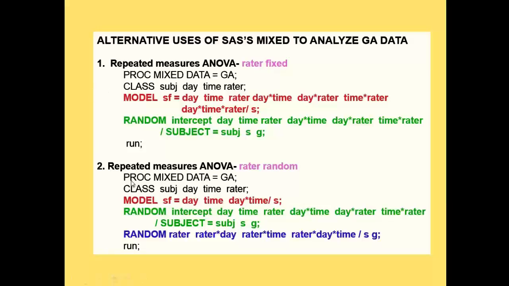Well, how is this different? How's number 2 different from the first one? What don't you see in the model statement? You don't see rater in the model statement, correct? Why isn't it in the model statement? Because this is a code, not necessarily the code. This is a code you could use to tell PROC MIXED to fit this model if you want to consider rater to be a random factor.